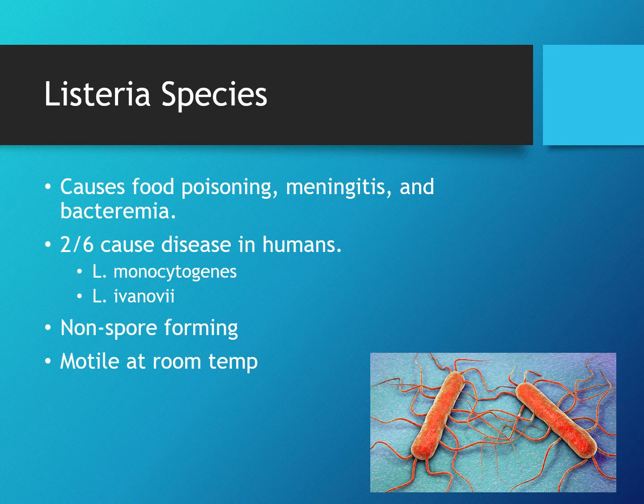While it's relatively uncommon for the organism to cause disease in humans, again, our elderly, our pregnant females, and our immunocompromised individuals are going to be those that are of the highest risk for getting an infection due to Listeria.